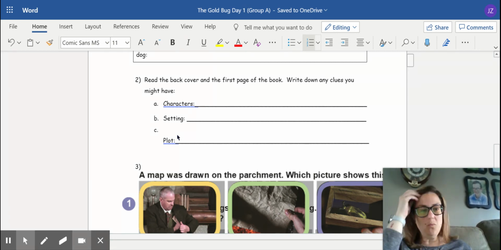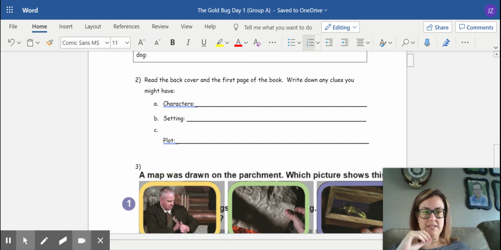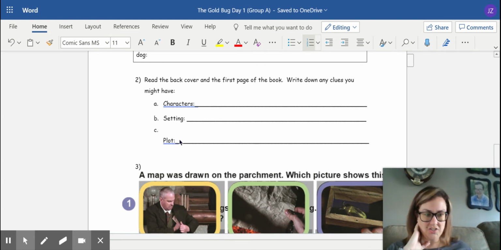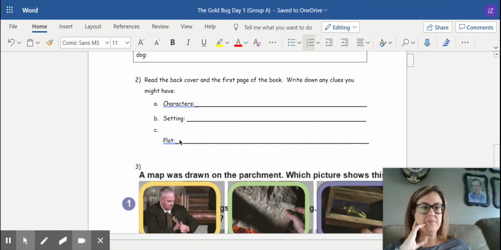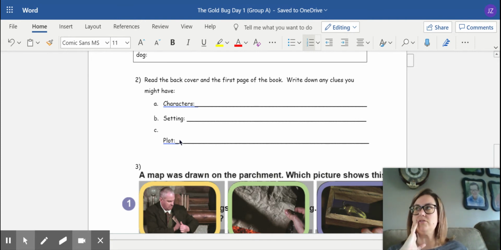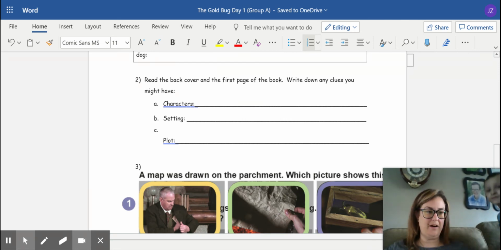Tell me what is the first part of the story that we just read about. Is it about a bug? Is it about finding a bug? Is it about something totally different? But I want you to tell me, what is it about?